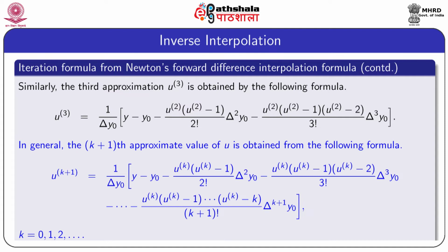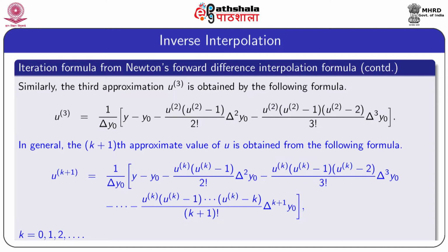In general, the k plus 1th iterated value or k plus 1 approximate value of u is obtained from the following formula. That means u k plus 1 equal to 1 by delta y0 square bracket start y minus y0 minus uk, the value of u at kth iterated value or kth approximate value, into uk minus 1 by factorial 2 into delta 2 y0 and so on.